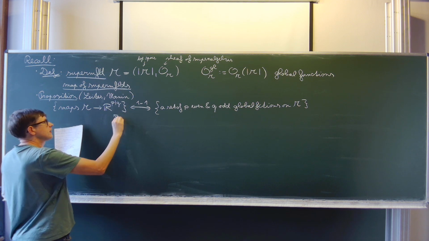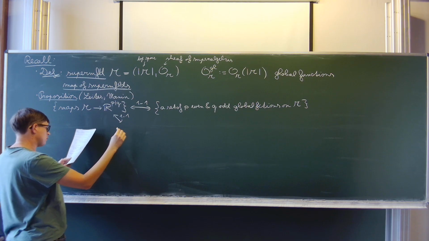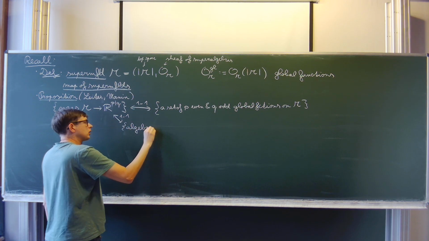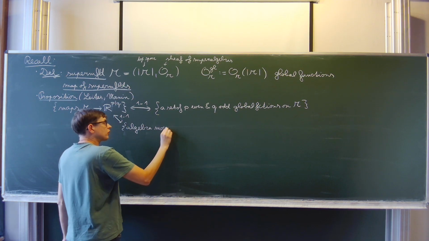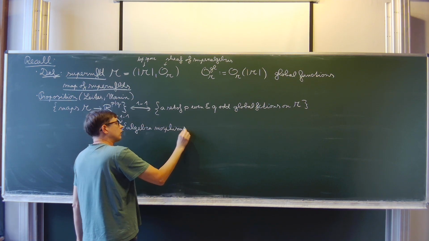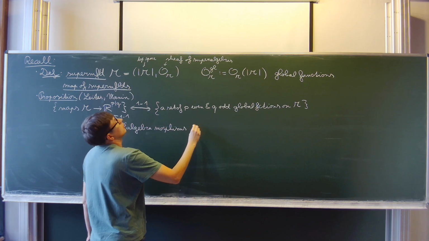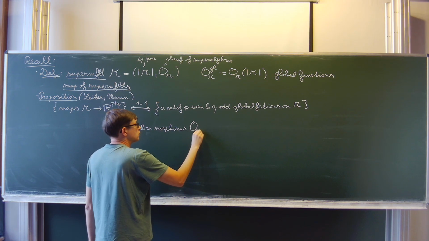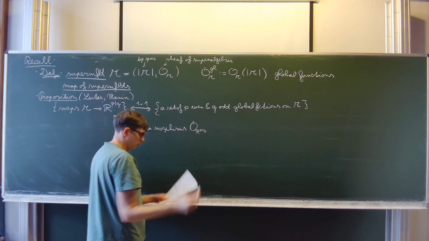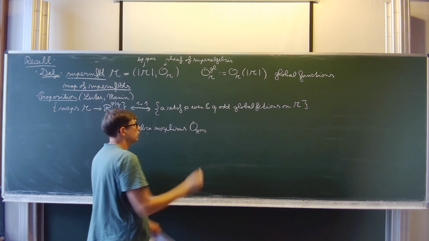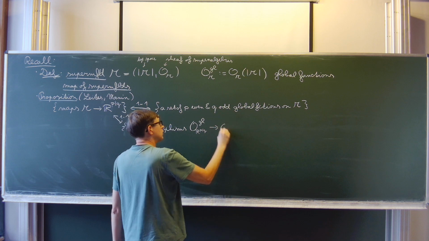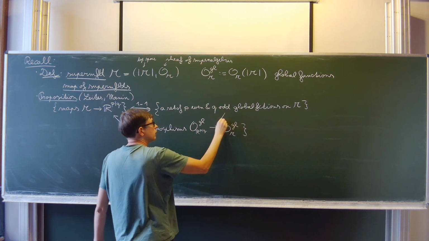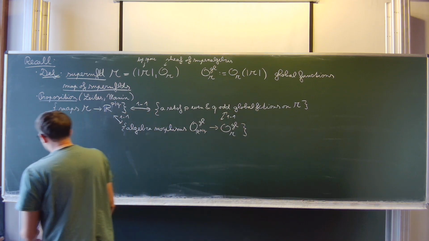That there is a one-to-one map between algebra morphisms on the global functions, from the right, so global functions to M. And just to leave a picture answer, let me put it here as well.